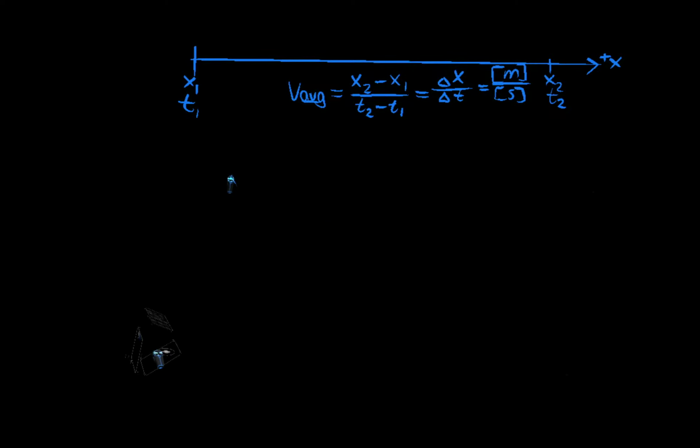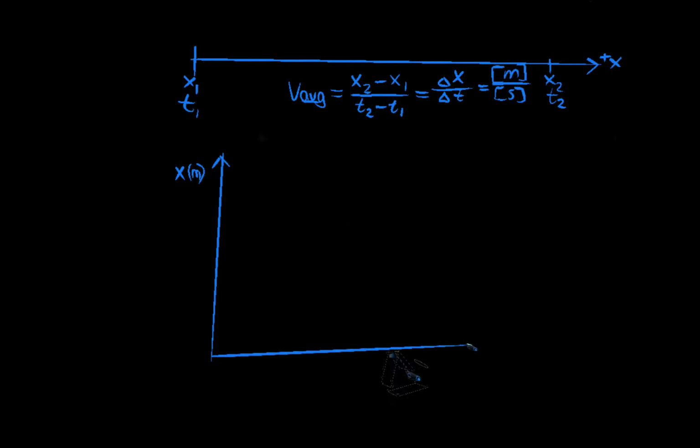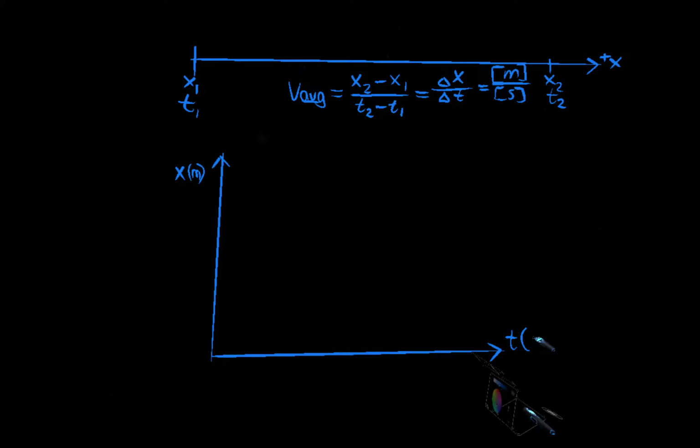So if we have this axis here as x, that'll be in meters. And we have another axis here, and that'll be time in seconds.